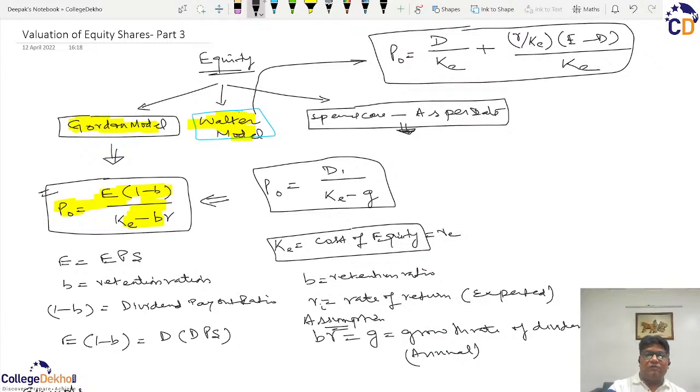This is what we use as per the Walter formula. But they both will give the value as per the value of R and KE. So they are crucial.